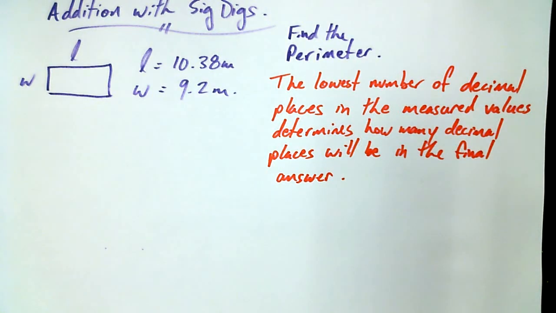Okay. So while the first one was about significant digits, multiplication and division is about significant digits. Adding and subtracting is about decimal places.